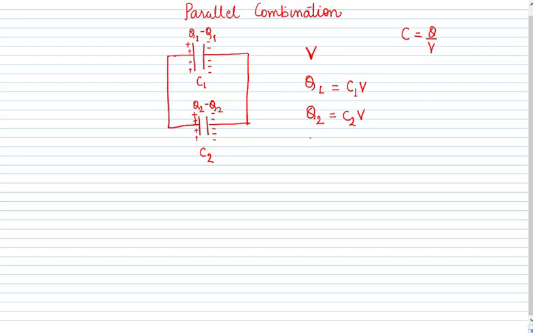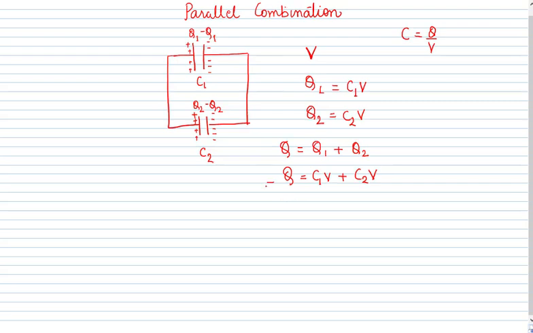Now if you want to calculate the total capacitance, then since the voltage is the same, you can add up the charges. So the total charge will be the sum of charge on capacitor 1 plus charge on capacitor 2. So put the value, Q is equal to C1V plus C2V. The only thing is that V is the same because these two are in parallel combination.